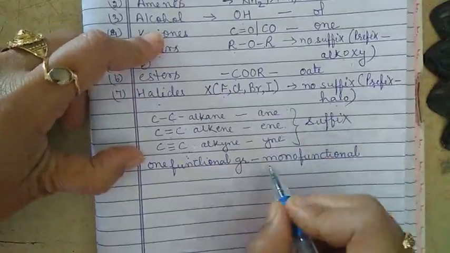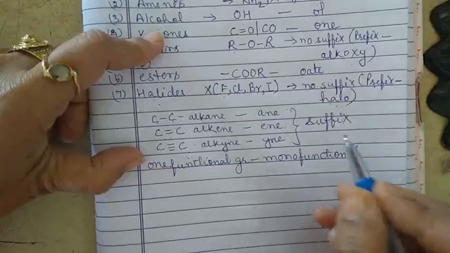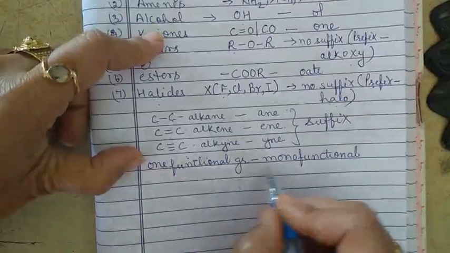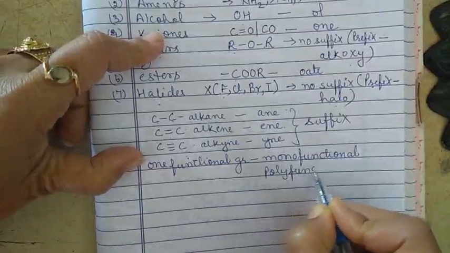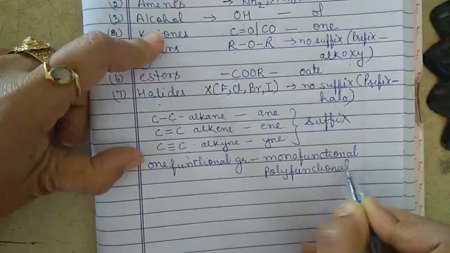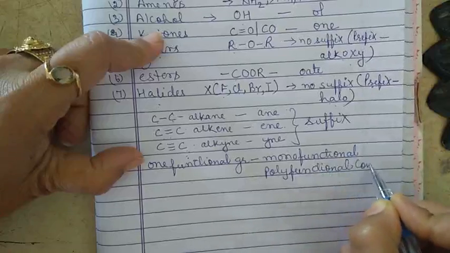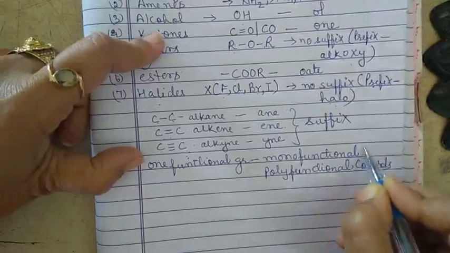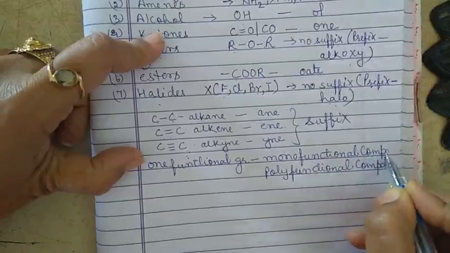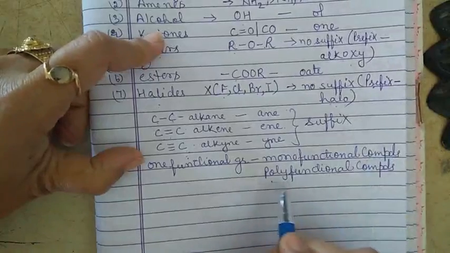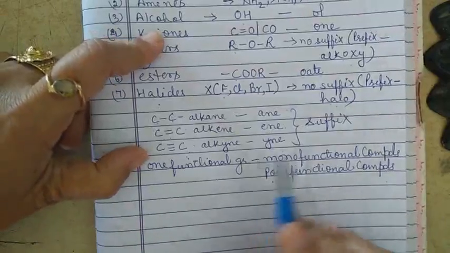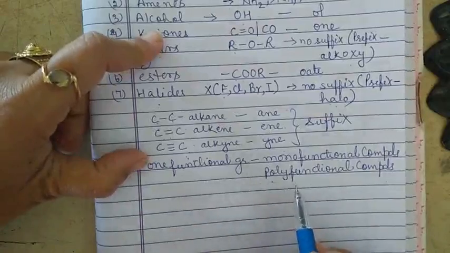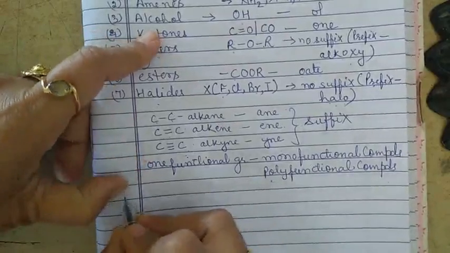If two functional groups are present, it is called difunctional. And if many functional groups are present, we use the term polyfunctional compounds. This is a monofunctional compound, and this one is a polyfunctional compound. To write the name of such a compound, we have to follow certain rules.